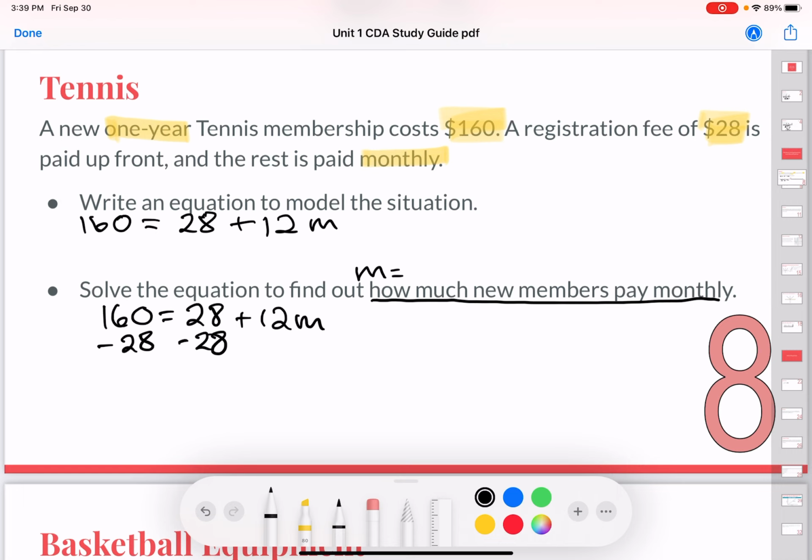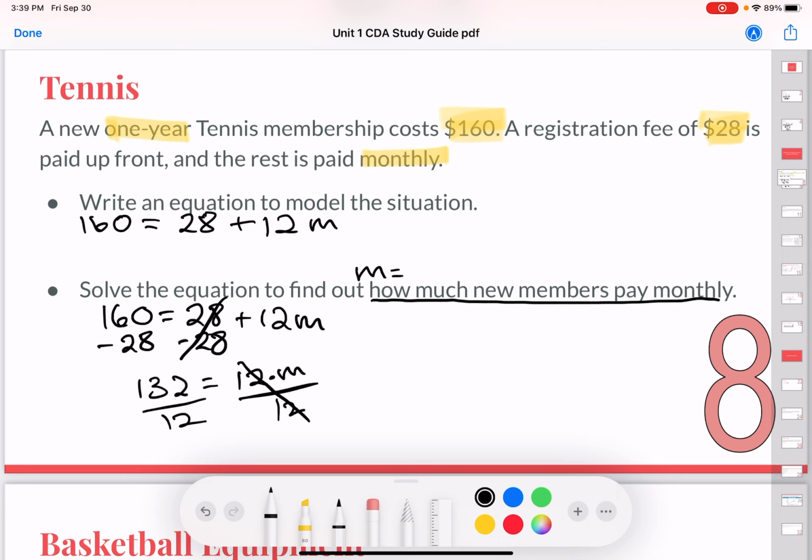160 minus 28 is 132. These cancel, equals 12M. Now 12 is being attached to M by multiplication. In order to undo that, I'm going to divide both sides by 12.